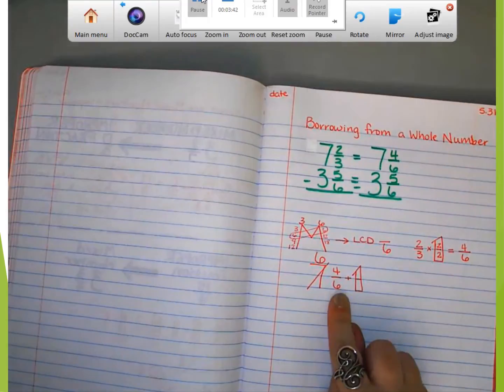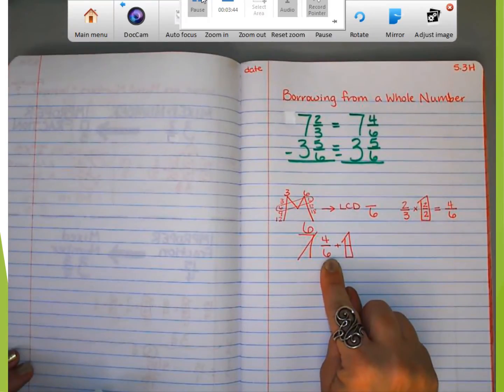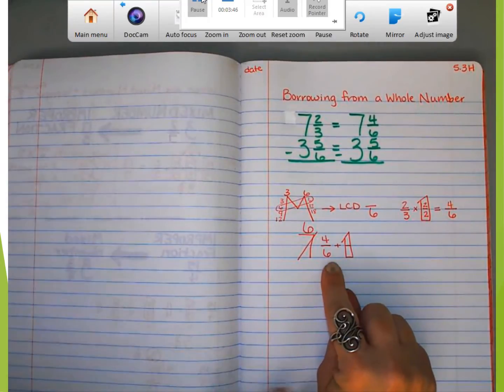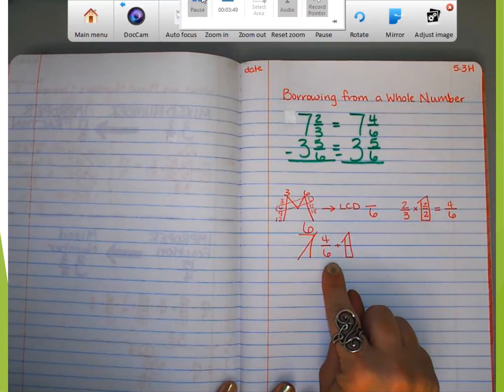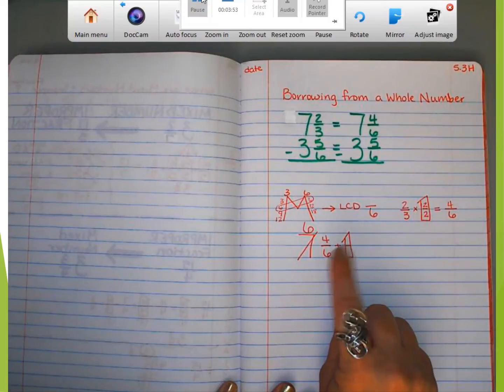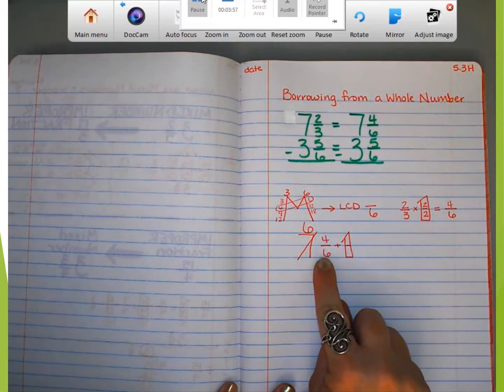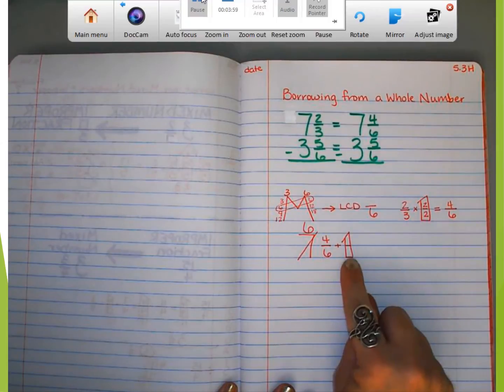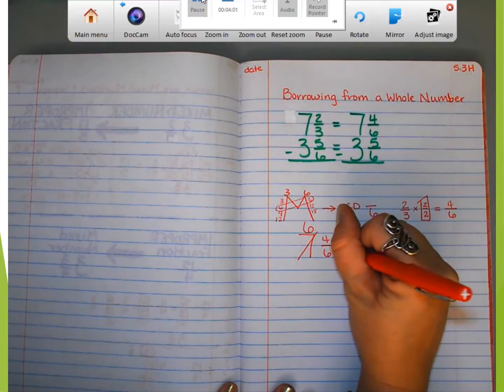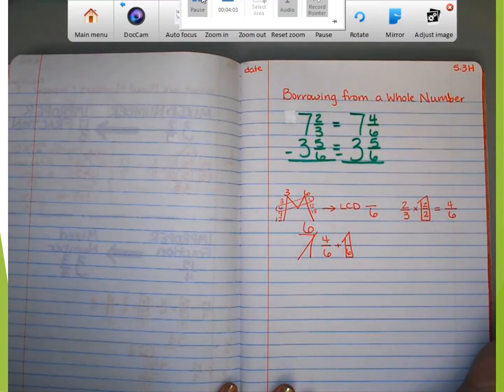Now you're going to add it to the fraction that you already have. You already have 4/6. And we already know you cannot add or subtract fractions if the denominators are not common. So if your denominator is 6 and you're going to add this whole to it, you need your denominator to be 6.